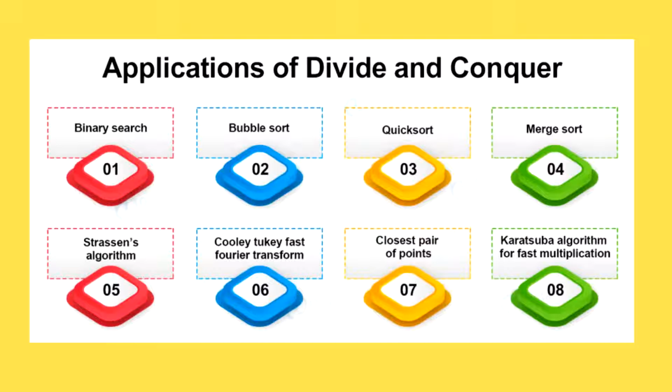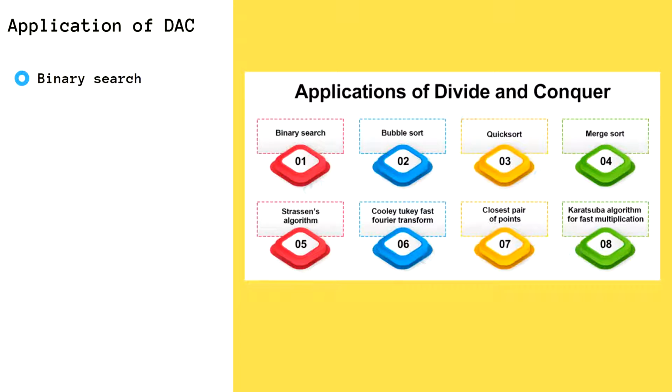Now, the applications of divide and conquer algorithms. These are the algorithms which come under the divide and conquer approach, and I'll talk in brief about them individually. Starting with binary search. Binary search is the fastest search algorithm requiring the only condition that the elements in the array are arranged either in ascending or descending order.